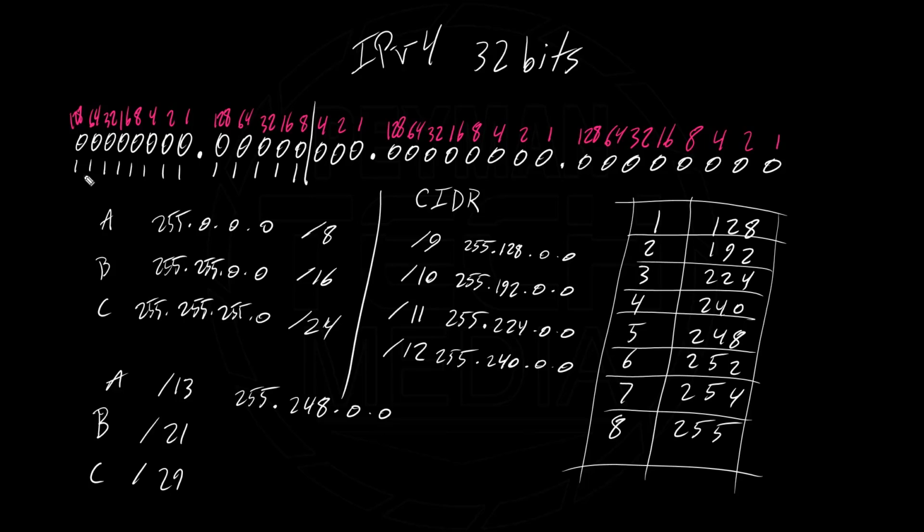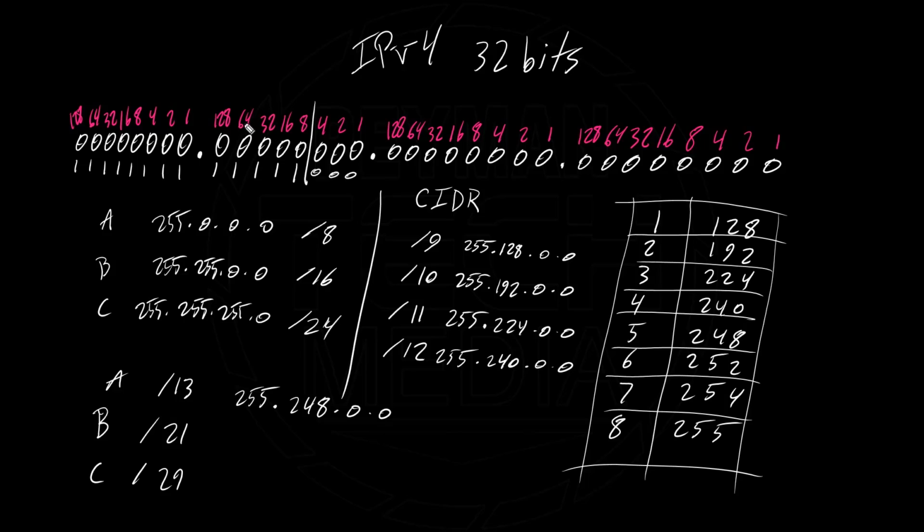If we convert all the ones in these binaries to decimal, the ones turned on, we just need to add 128 plus 64 plus 32 plus 16 plus 8, 4, 2, 1, that's 255.